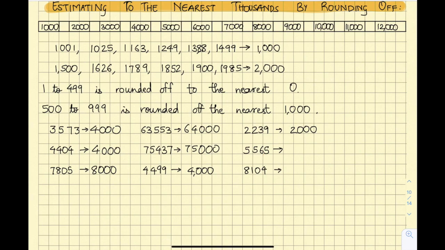So the next thousands after 5,000 is 6,000. So therefore we round it off as 6,000. Lastly, 8,104. 104 falls into the category of 1 to 499. It is taken to the nearest zero. So 8,000, the nearest thousands or zero is 8,000. Hence we round it off as 8,000.